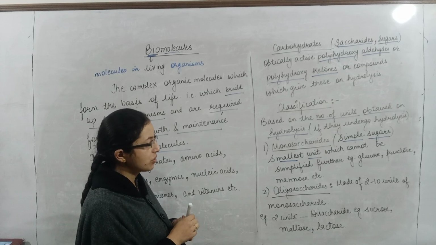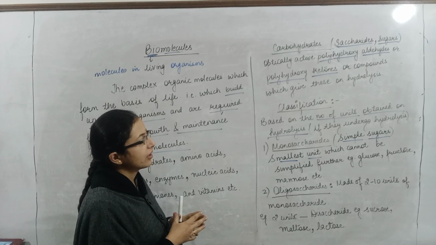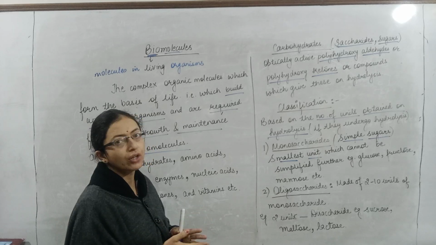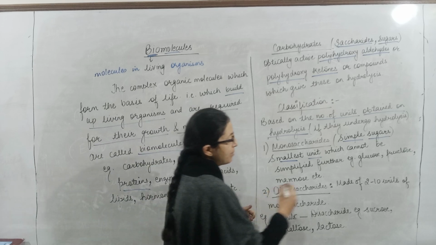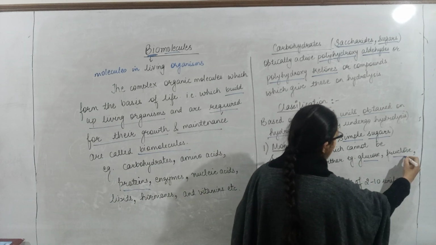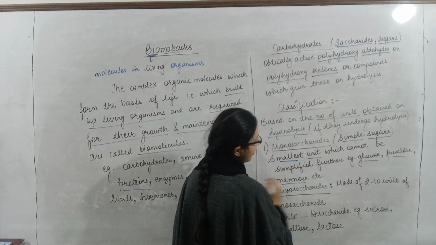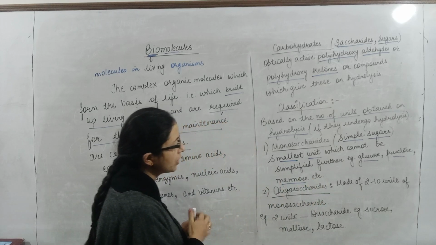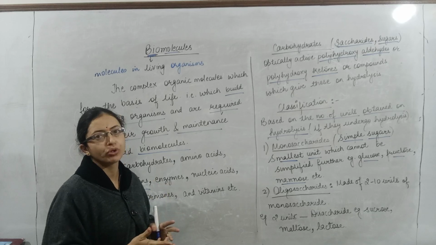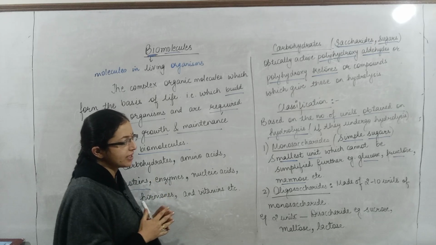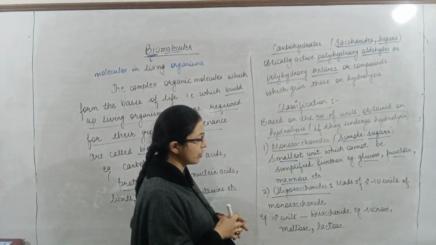So they are the smallest units, and they cannot be broken down further. So the examples are glucose, fructose, mannose, etc. Right? Mono matlab single unit, and it cannot be broken down further because they are the simplest units, the smallest units.